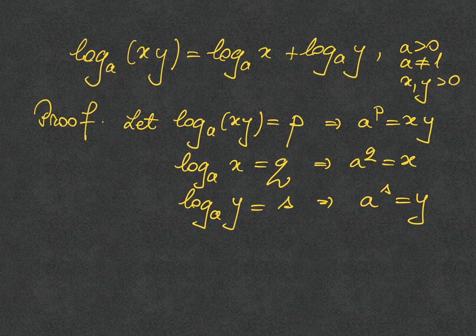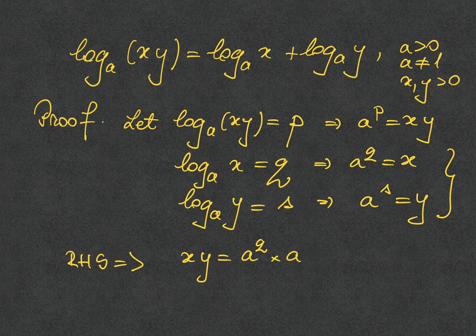So, in the first law, I'm going to look at the right-hand side. And the right-hand side tells me to add q and s. So, if I'm looking at the last two rows, I see that xy is a to the power of q times a to the power of s.